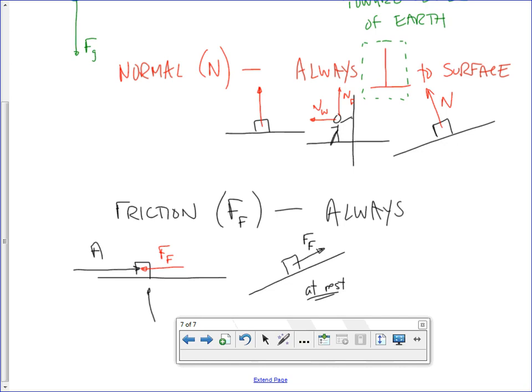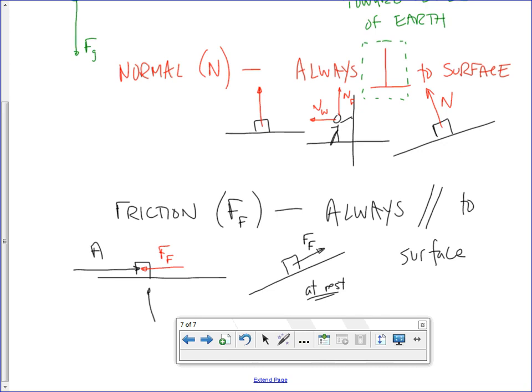What else could you do? There's any number of situations. But the big deal is that friction forces are always parallel to the surface. They always point right along the surface.